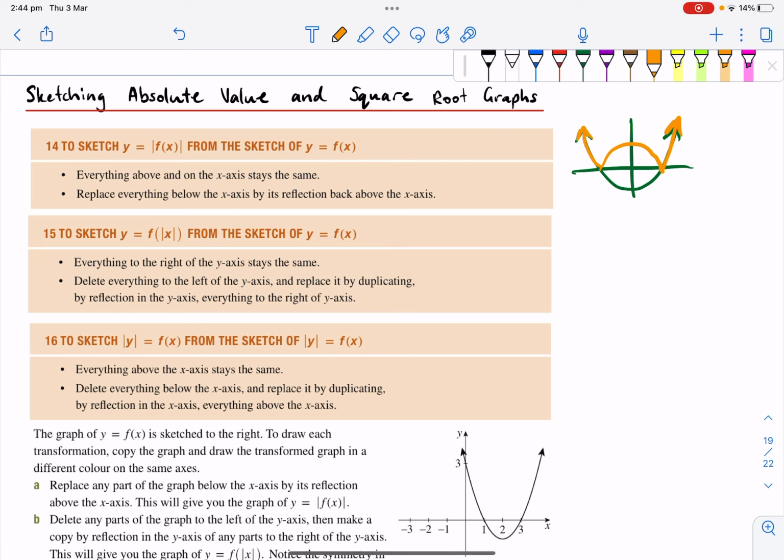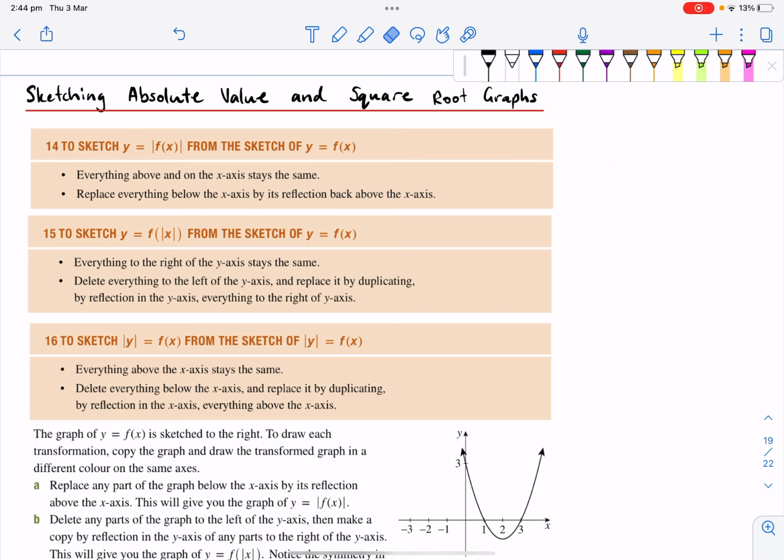That makes perfect sense. It makes negative values positive, that's the job of an absolute value. So imagine this is y equals f(x). If I sketch the absolute value of f(x), the positives will stay where they are, but anything negative gets reflected back above the x-axis. So that's the first one.